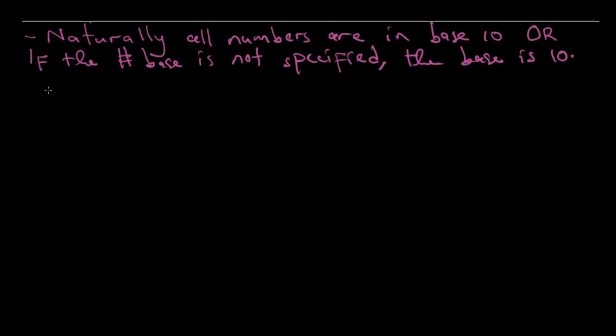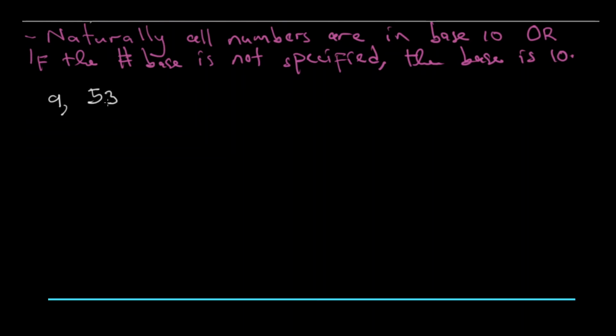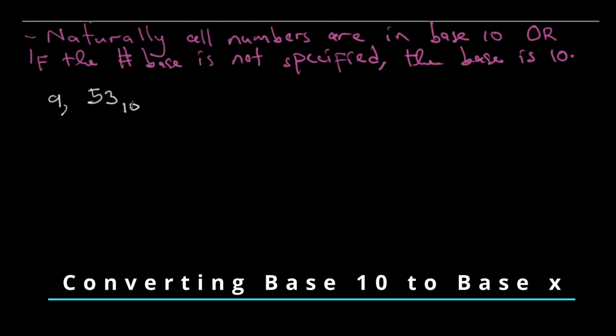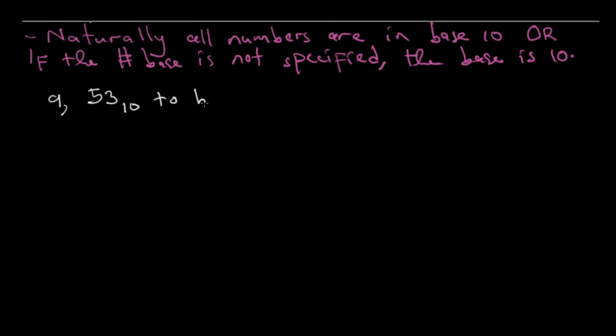So our business here is converting 53 base 10 to base 5. How do we do it? This is how we operate on such a demand. We are going to thoroughly divide 5 into 53.